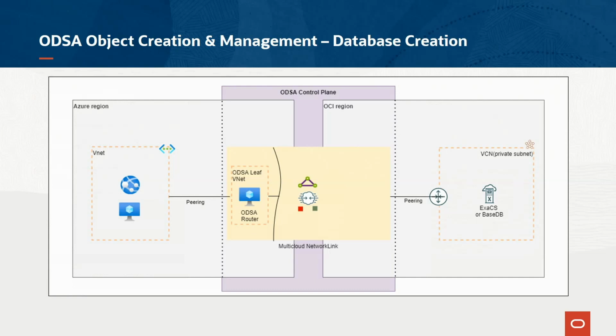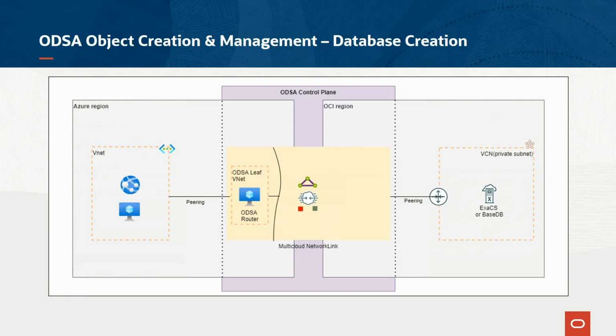And that router basically takes the traffic and puts it to other ODSA components, which we won't quite show here, and ultimately over the interconnect to OCI, and from there then over to the customer visible VCN. And the database service inside that. So it is important to understand that, because when we look at what we can see in Azure, some of this we can actually see, so then we can understand where that fits.